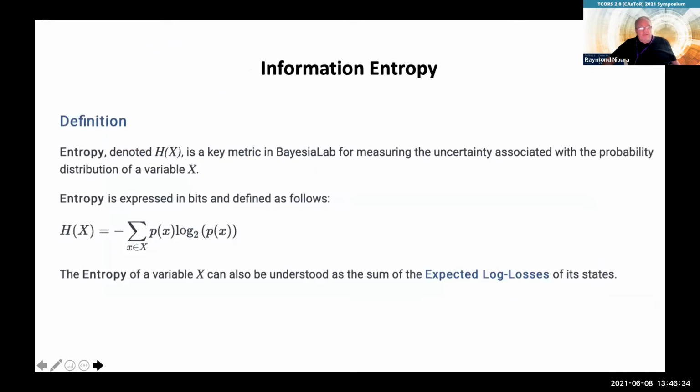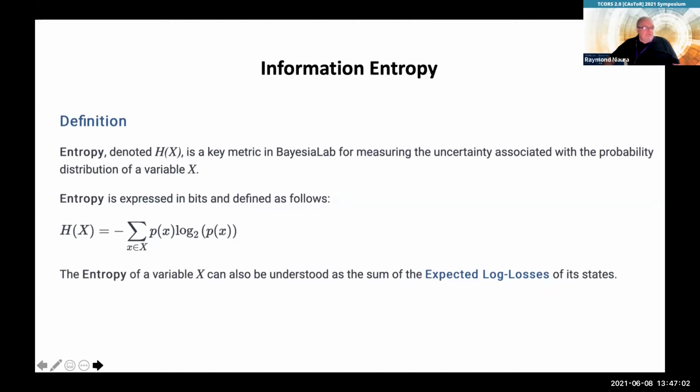All right, one thing about Bayesia Lab that takes us into somewhat different territory in terms of how the work is done is that everything's based on information theory and the concepts of information entropy. So we're working in the metric of bits, essentially.